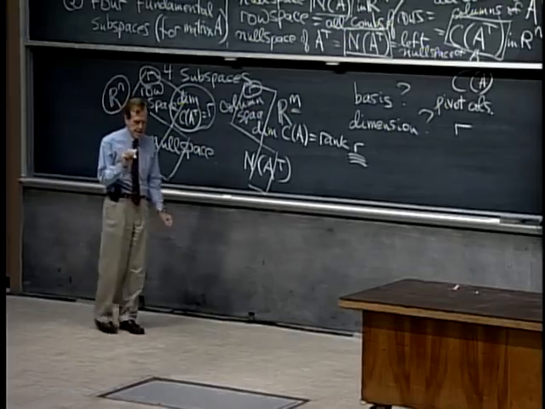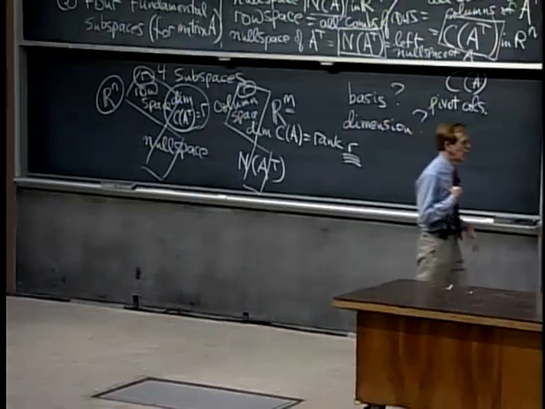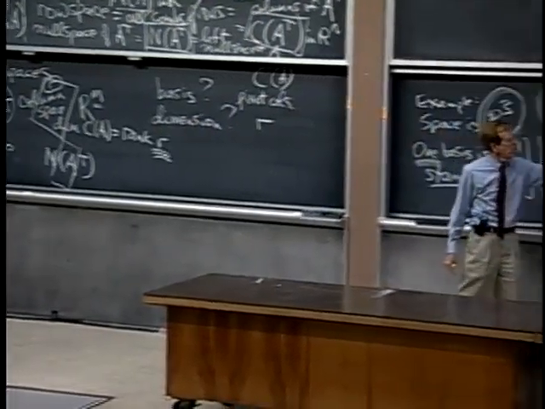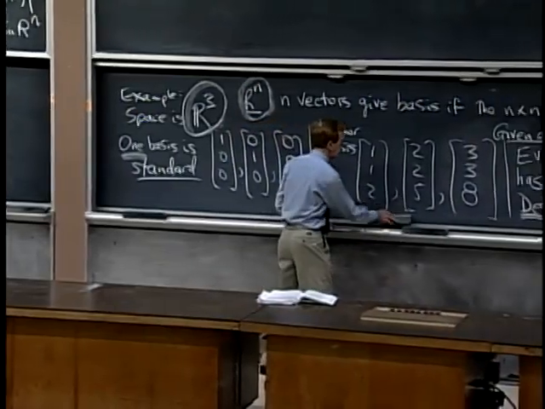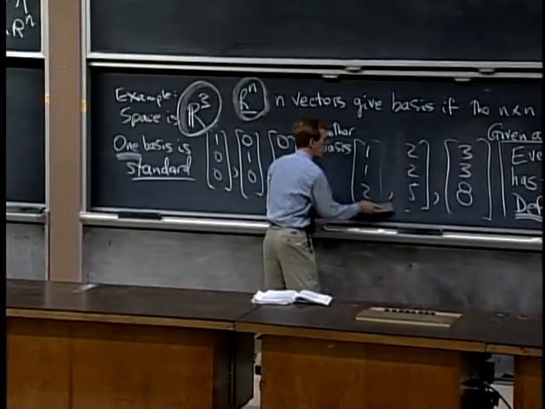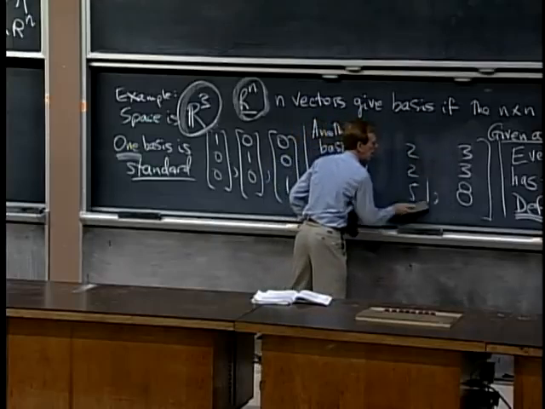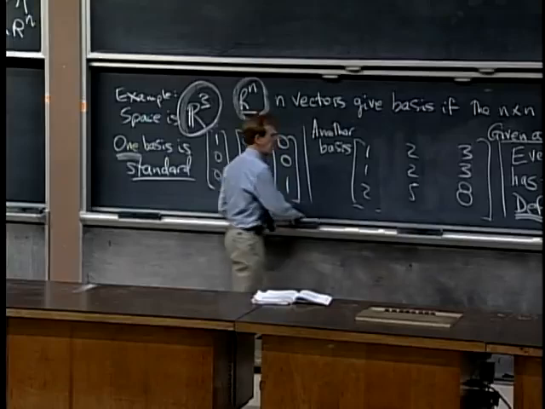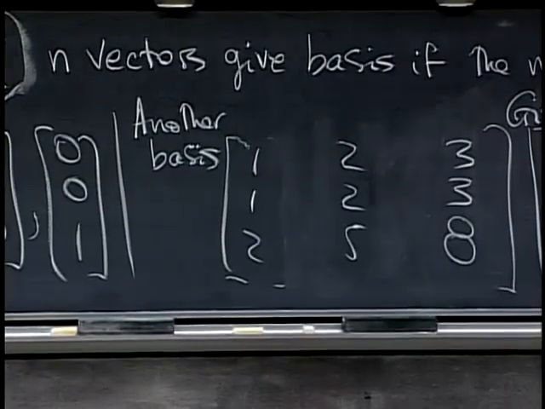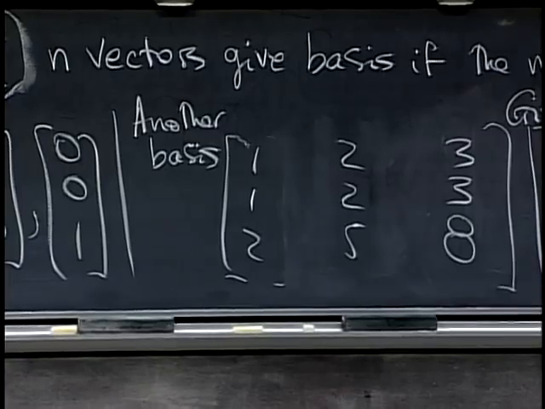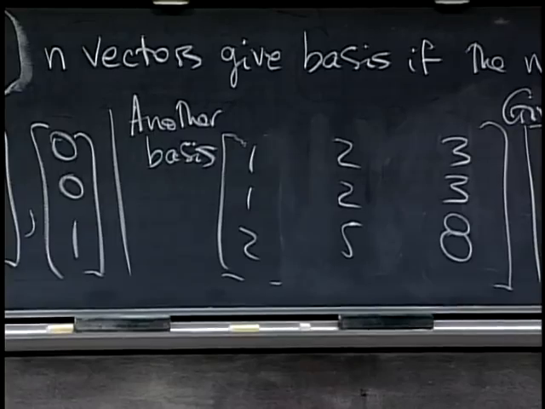That's the sort of insight that got used in this example. If those are the three columns of a matrix, let me make them the three columns of a matrix by just erasing some brackets. Okay, those are the three columns of a matrix. The rank of that matrix, if I look at the columns, it wasn't obvious to me anyway. But if I look at the rows, it's obvious.